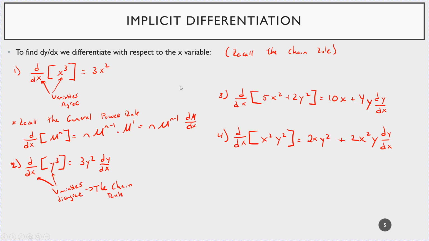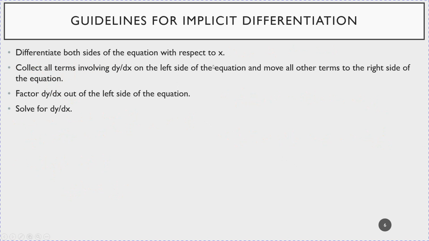Now let's revisit the circle problem using these guidelines for implicit differentiation. The goal with implicit differentiation is to find dy/dx. The first thing you're going to do is differentiate both sides of the equation with respect to x.